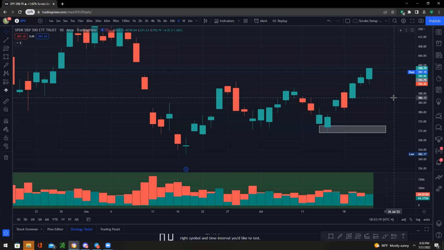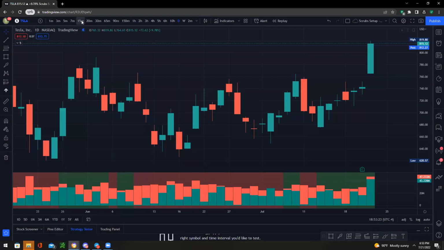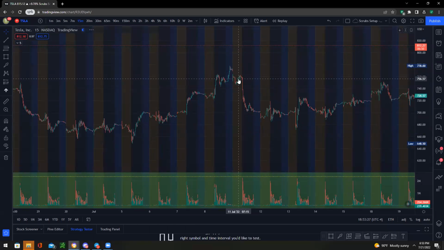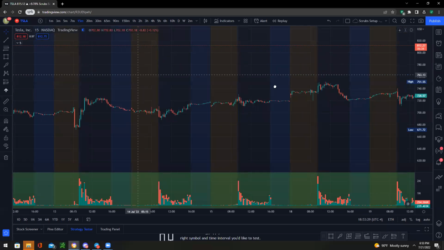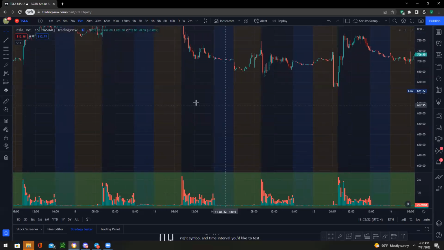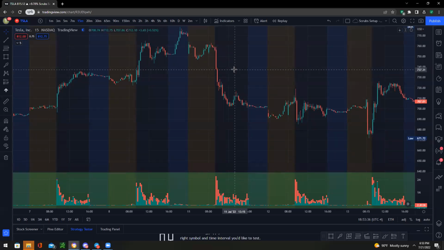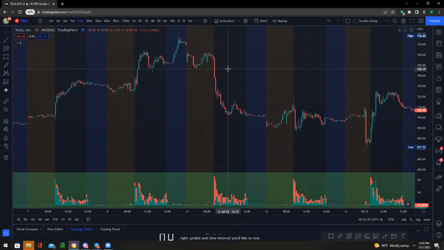I'll give you an example. Remember when Tesla does its rallies? It hasn't had one for a while, but here's one. This massive $50 drop in a day is a time where you could buy a little bit further out of the money. Let's pretend it's at 750 and here's the previous base.